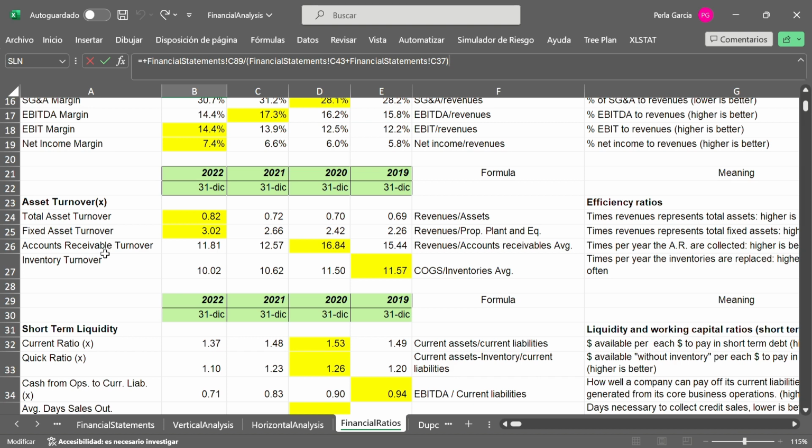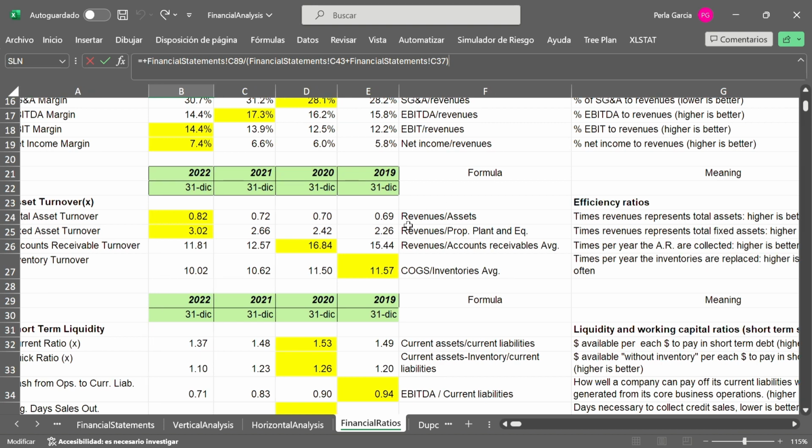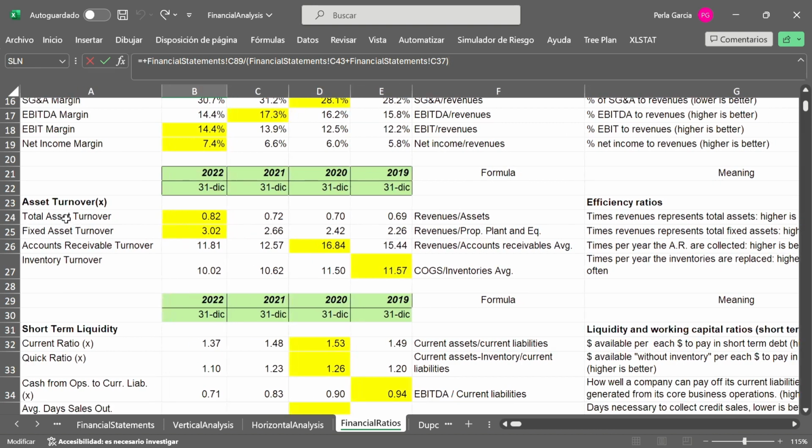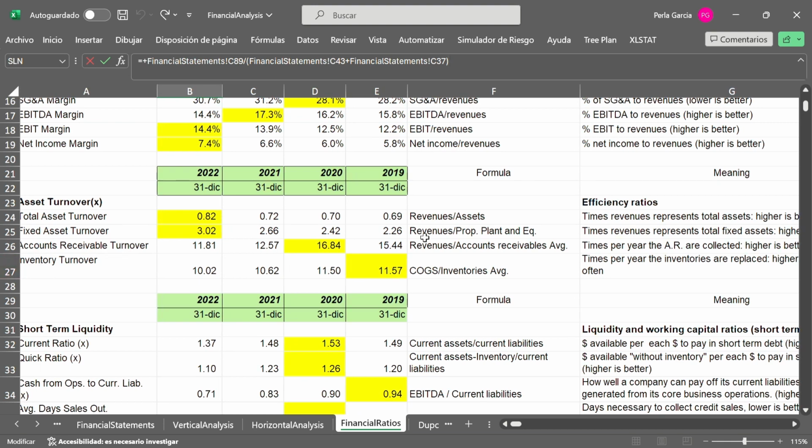Then we can show another group of ratios, and these ratios are used to assess a company's efficiency in utilizing its assets to generate revenues. These ratios measure the relationship between a company's sales or revenue and the value of its assets. That means the efficiency ratio, or times of revenue represented in each asset: total assets, fixed assets, accounts receivable, and inventory.